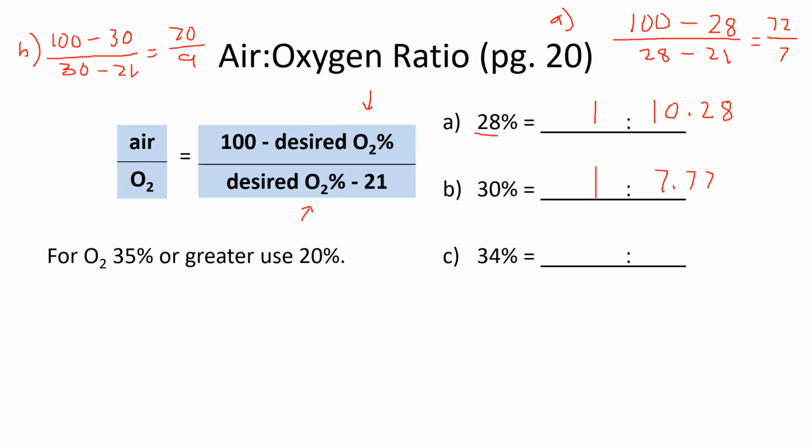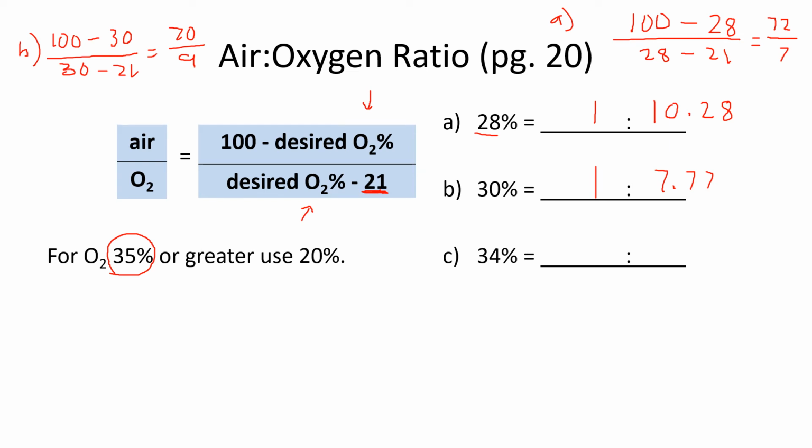We are still below the threshold. So the threshold is 35%. So since we're below 35%, this number stays 21. So if we ever reach a desired 35 or greater, we change it to 20. So for 34, we're still going to use the 21.